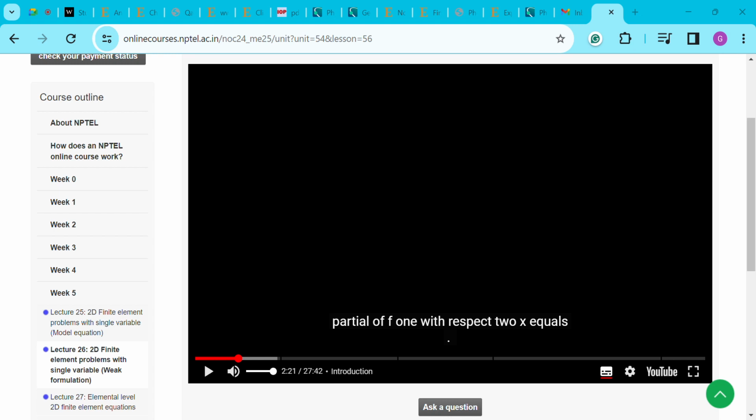But if I write this equation as C1 plus C2x plus C3y plus C4xy plus C5x square plus C6y square, now here if C5 and C6 are the same, it could happen.